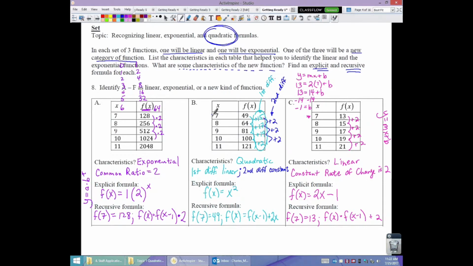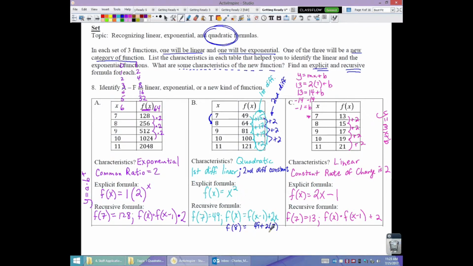If we tried looking at how this formula gets us from the 7th term to the 8th term, that would mean if I were looking to do f of 8, I would take the f of 7 answer, that was 49, plus 2 times the 8.